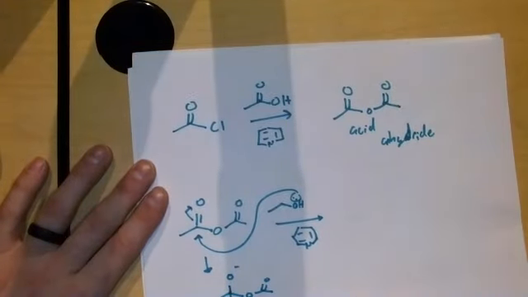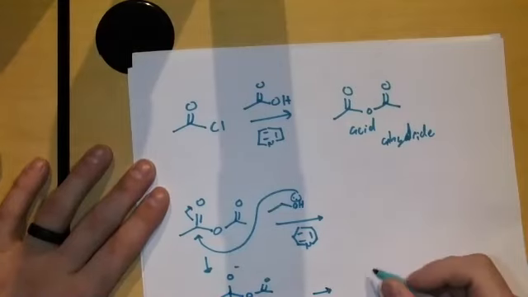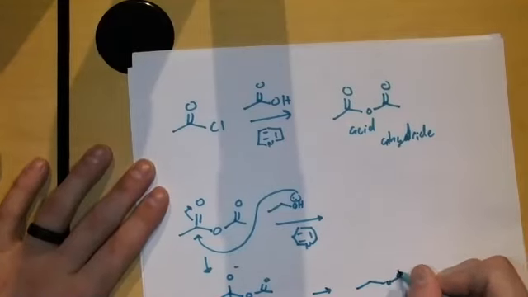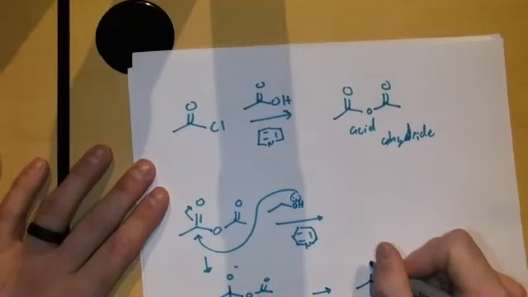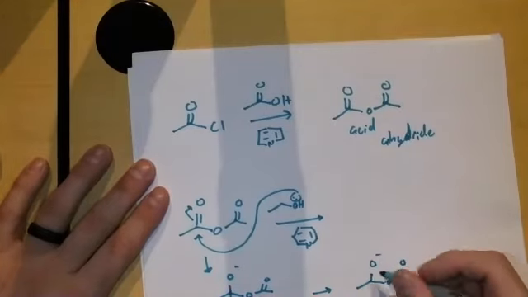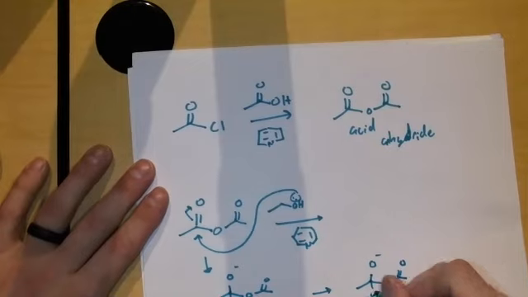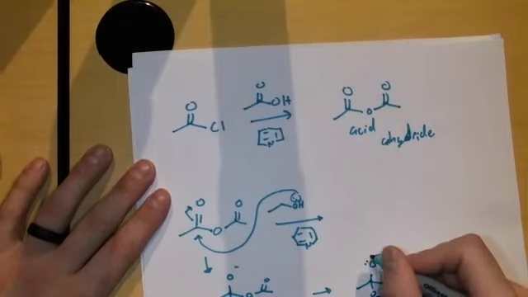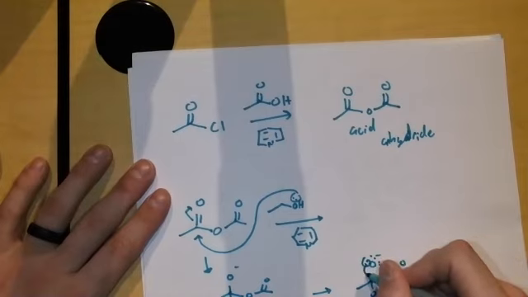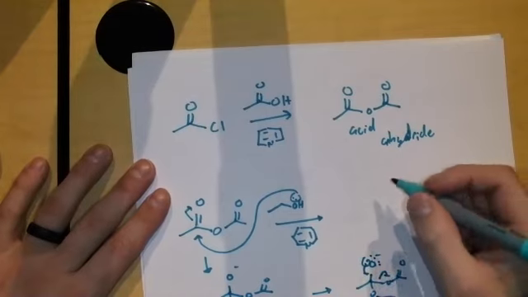Pyridine can pull off your proton. Take this out and we get an ester.